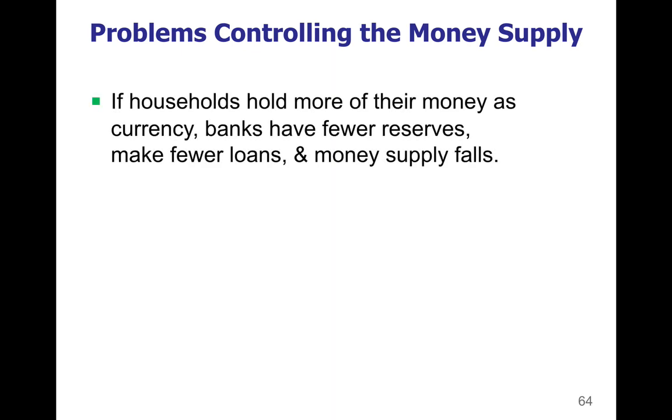One of the first problems is that people in households, or consumers, can suddenly decide to keep more of their money in currency and have less in the bank. So let's say that you just decide that you want to keep some money for an emergency in your house, and for some reason a lot of customers do this more than what the bank was planning.